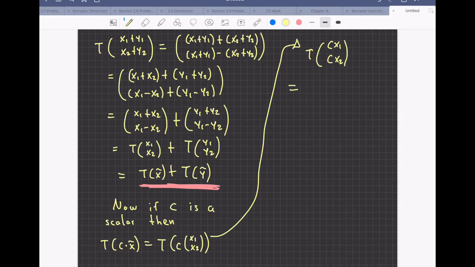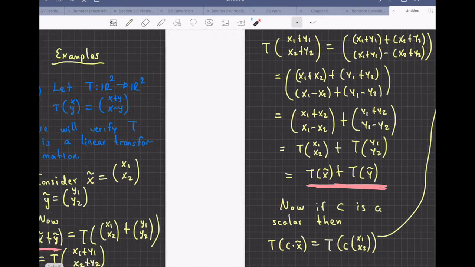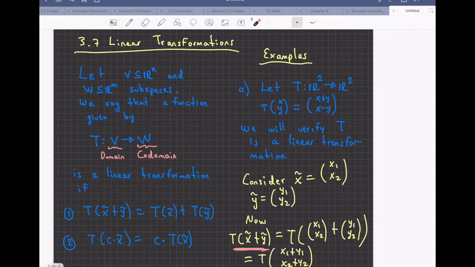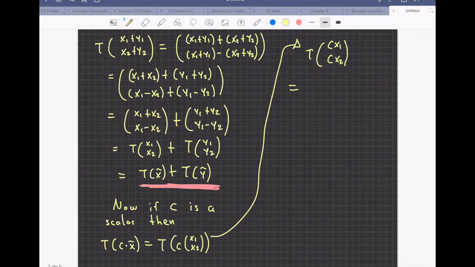The transformation is: add the elements and then subtract them. So I have to add them here. It is cx1 plus cx2, and in the bottom, cx1 minus cx2.